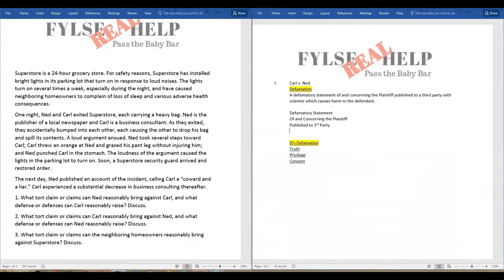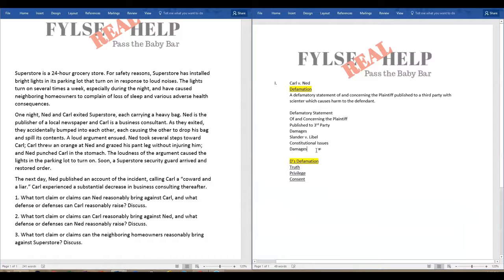And then this is where you're going to really want to distinguish between whether you're talking in common law versus the new modern majority, which brings in constitutional issues. The way I outline it, and it may be different depending on what school you go to, is I do my defamatory statement of and concerning the plaintiff, published to a third party, and then the last part I do is damages.